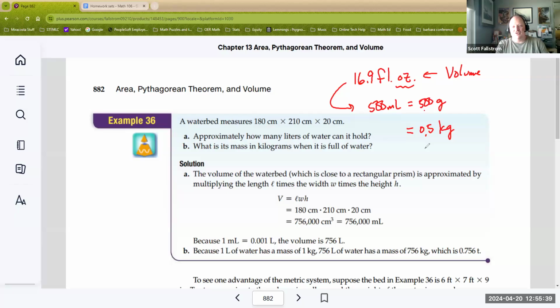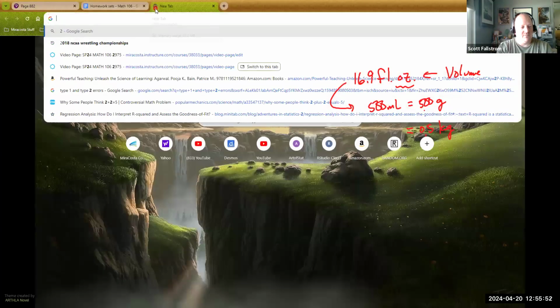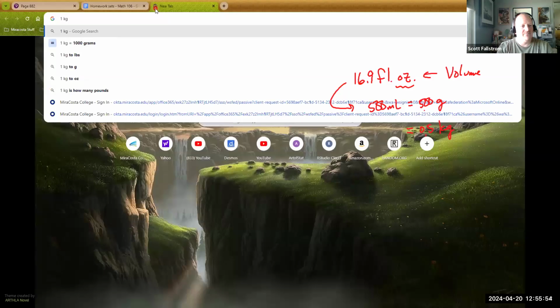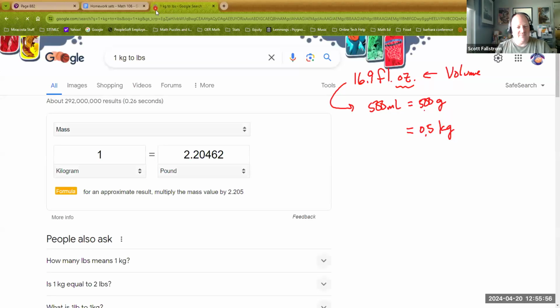So now, in order to get it back into American measurements, kilograms is the metric system. The metric system is not the same in terms of mass. So if you come over here, 1 kilogram is 1,000 grams, but if I say to pounds, 1 kilogram is worth 2.2046 pounds.